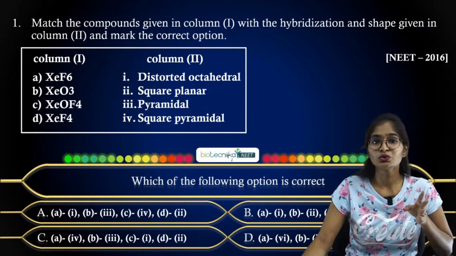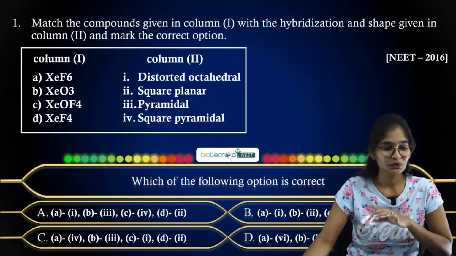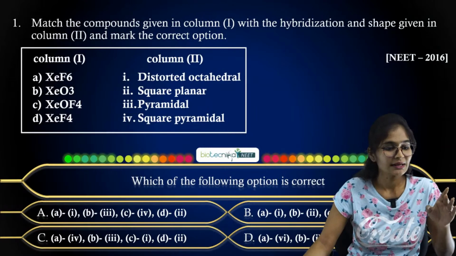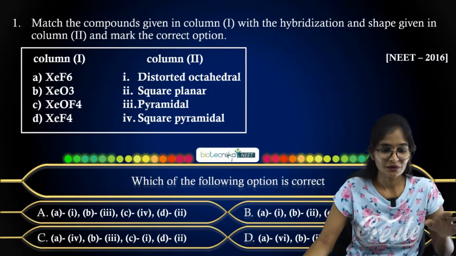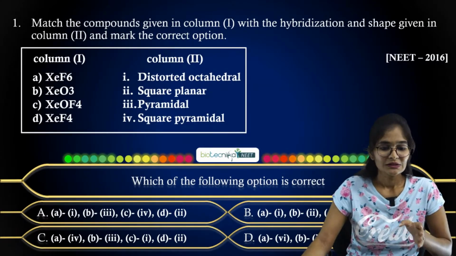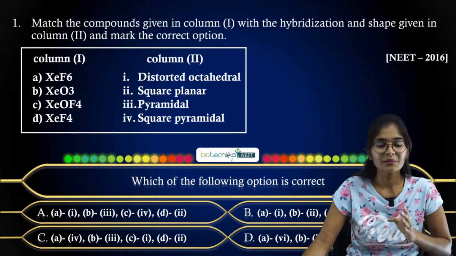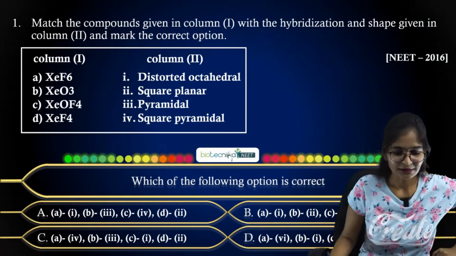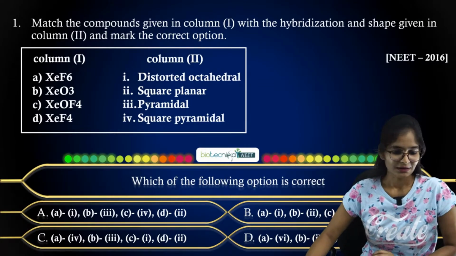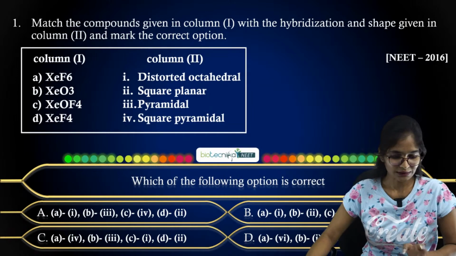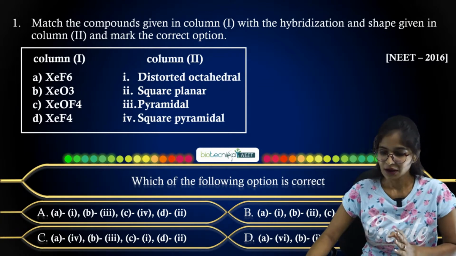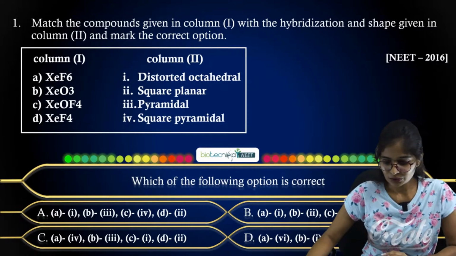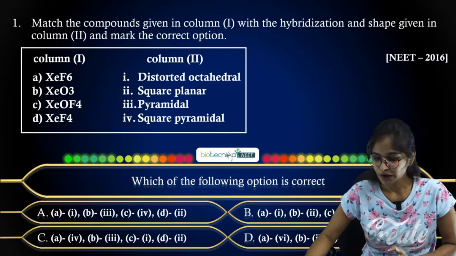They have given you two columns, where A, B, C, D are XeF6, XeO3, XeOF4, XeF4, and column 2 has distorted octahedral, square planar, pyramidal and square pyramidal structures. The options are: option A 1 3 4 2, option B 1 2 4 3, option C 4 3 1 2, and option D 4 1 2 3.